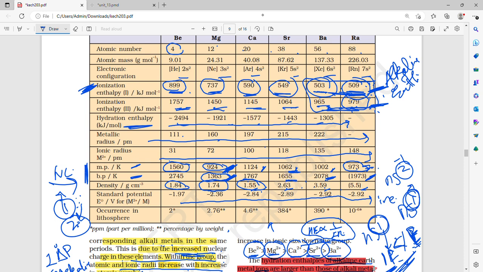Strontium's boiling point is lesser than calcium, but barium has a greater boiling point than strontium, and radium also has a greater boiling point than strontium, but lesser than barium.